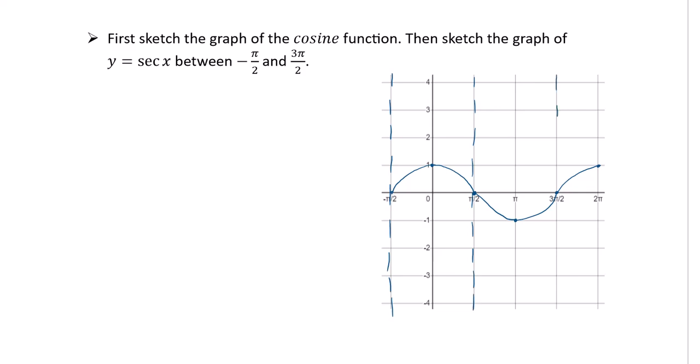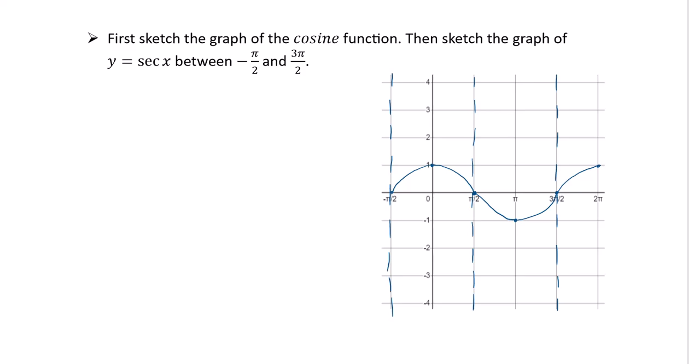At 3 pi over 2 I have a vertical asymptote. And you'll notice those vertical asymptotes occur when we have an x-intercept, where the value of the cosine function is 0. That makes sense if the secant function is the reciprocal of the cosine function. Now, this is actually pretty easy now.